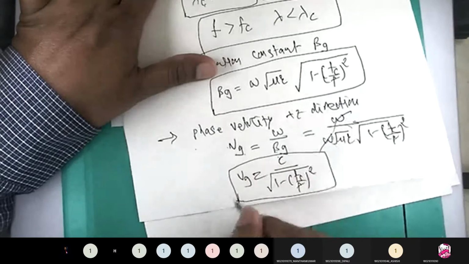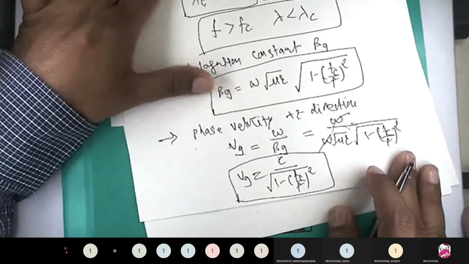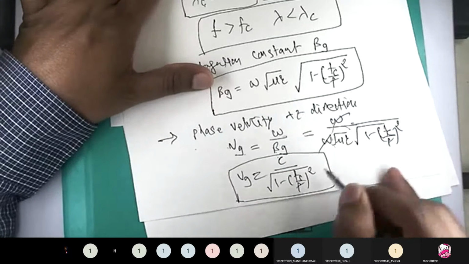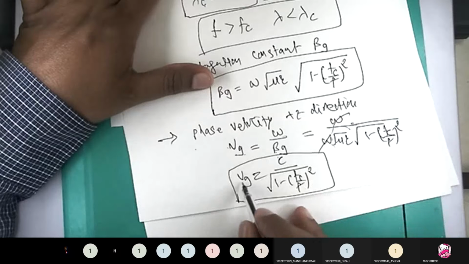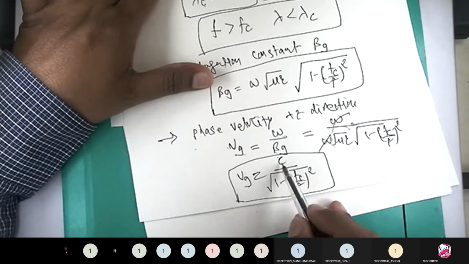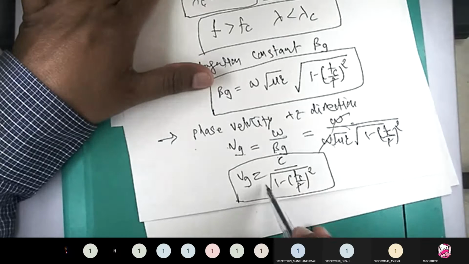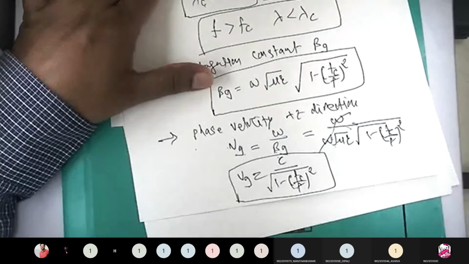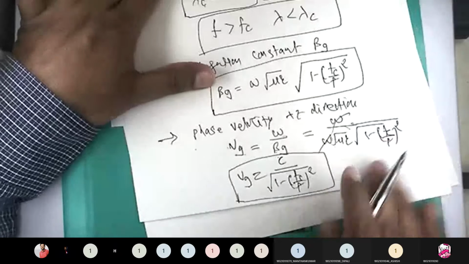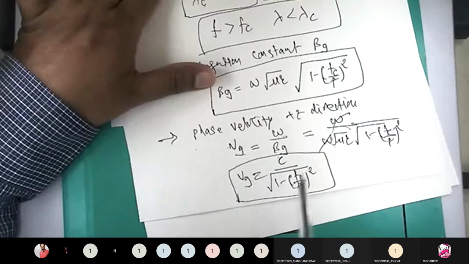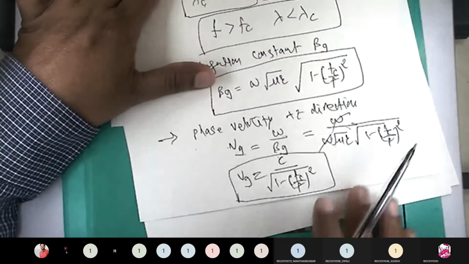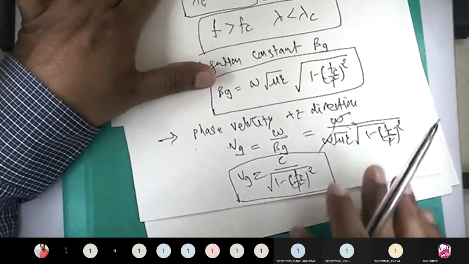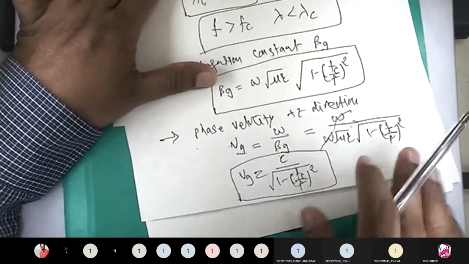This way I have the final phase velocity in a waveguide: Vg is equal to the speed of light divided by the square root of 1 minus (fc over f) whole square. So this is one more parameter that can be used to characterize wave propagation in a rectangular waveguide.